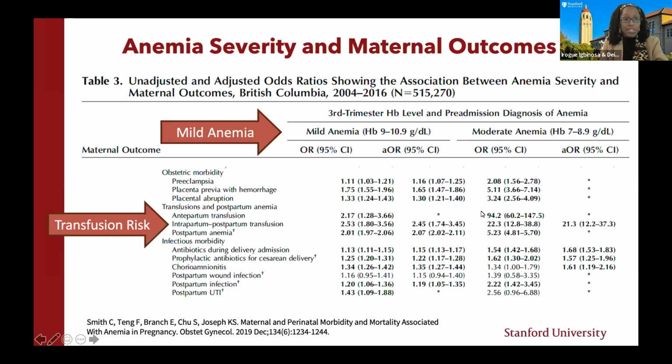And we see that risk of blood transfusion really increases the more severe the anemia becomes. So when the hemoglobin is between 7 to 8.9, we see those odds of intrapartum and postpartum transfusion go up to almost 22 times more.